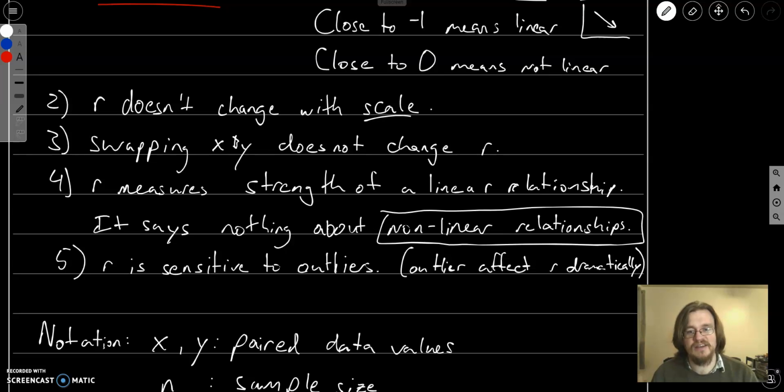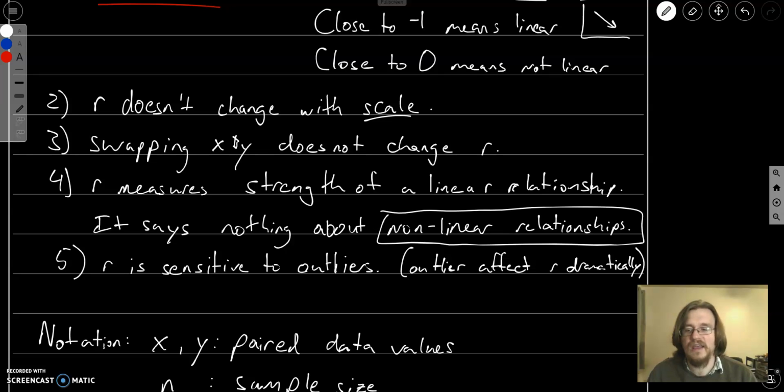Does it look like a line? Then you can calculate R and it'll mean something. If it doesn't look like a straight line, R really isn't going to mean much. It's not going to tell you the strength of the association between x and y. It's going to tell you how linear it looks. So you have to look at it and see a linear relationship before you want to calculate R.